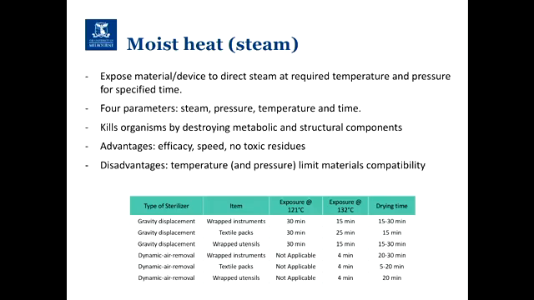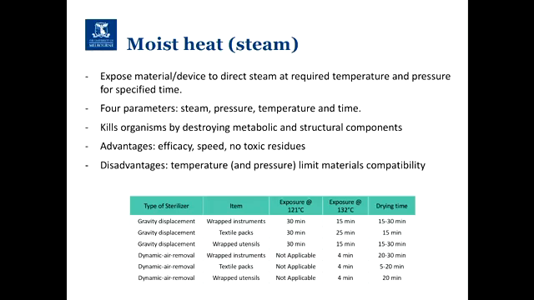So another method is steam. Anyone heard of an autoclave? An autoclave uses steam and pressure as a method for sterilising things. So it's the exposure of material or device to direct steam at a required temperature and pressure for a particular amount of time.